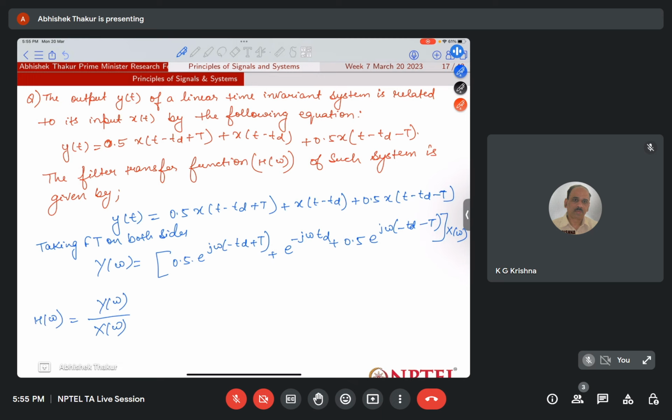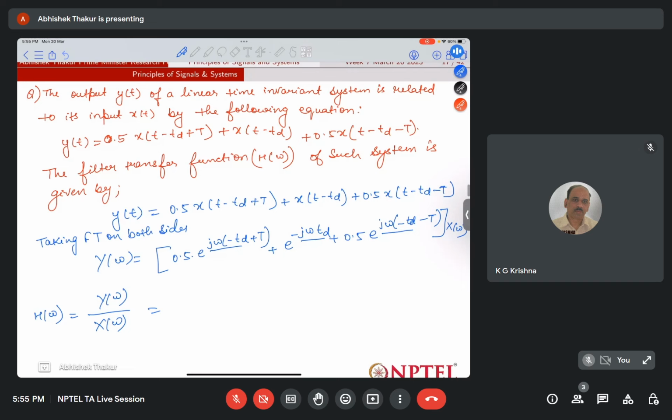You can see that minus j omega td is common in all the three terms. So we will take e to the power of minus j omega td outside as common.